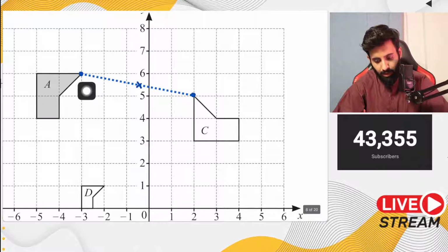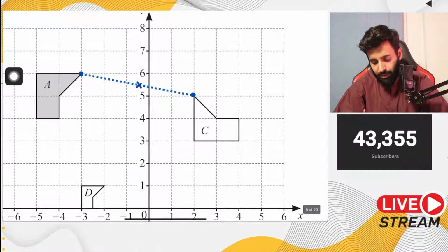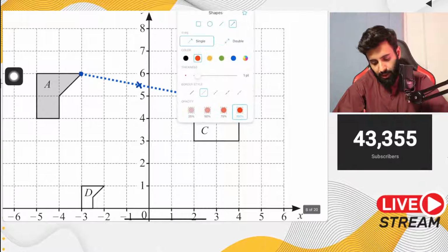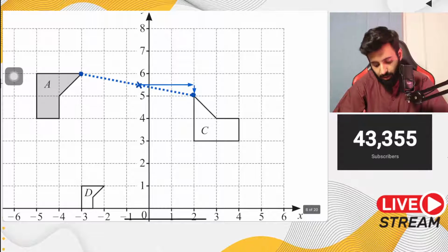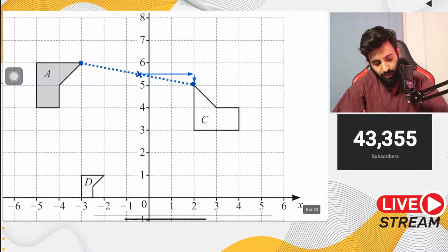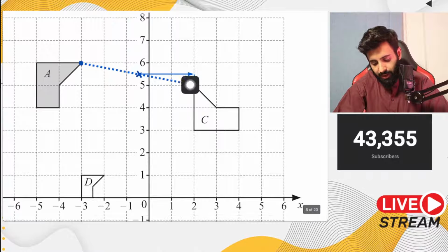After you've identified the center, here's what you have to do. Take any one point, it doesn't matter whether it's the object or the image, and rotate it 90 degree clockwise or anti-clockwise, it doesn't matter. If you take the point on C and rotate it 90 degree clockwise, this point is 2.5 units to the right, half unit down.